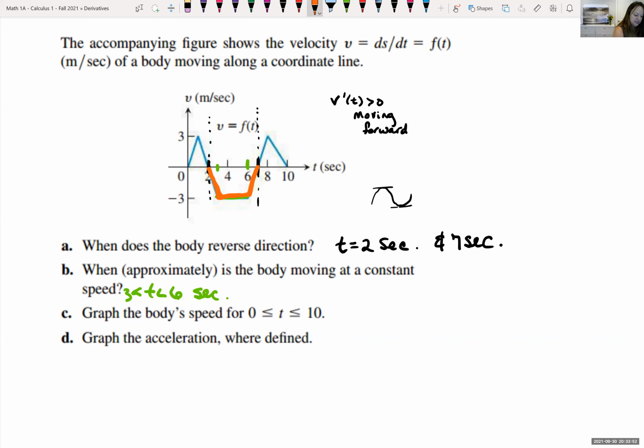And so notice that if I reflect this across my x-axis between 3 and 6, that's going to be a horizontal line at 3. And so we would get this piece in here. So the graph of the speed wouldn't have anything below the x-axis. It would just be this piece.